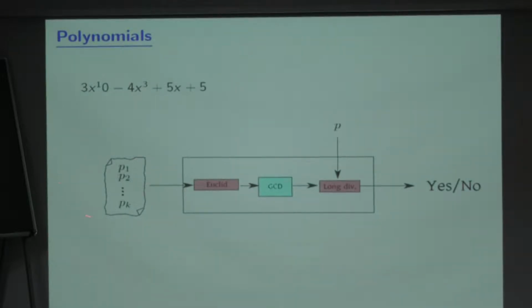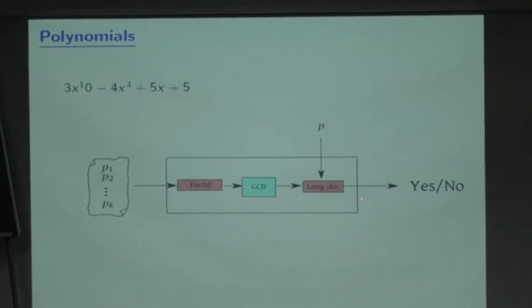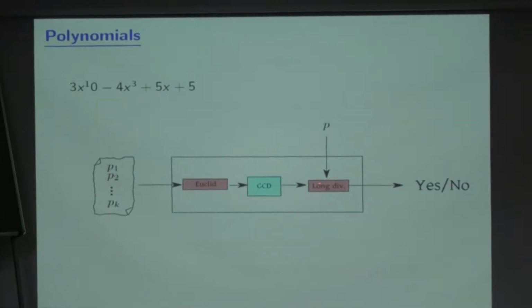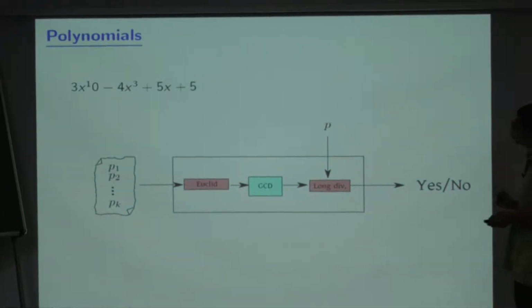You find out the GCD of the polynomials using the same Euclid algorithm. We remember how you find the GCD of polynomials. You just do long division, take the remainder, then divide by the remainder, etc. The same algorithm will give you the GCD. And again, given this polynomial, you divide by the GCD, see whether it divides. If so, yes, otherwise it is no. Exactly the same proof, same thing goes, except that the GCD is now a polynomial, and here you have to carry out long division, the thing that we learned at school.